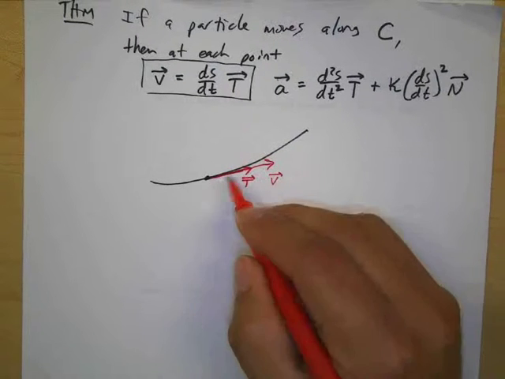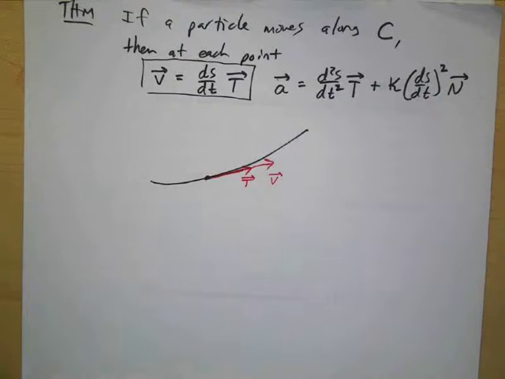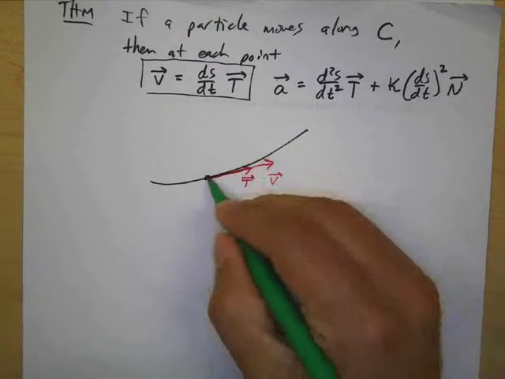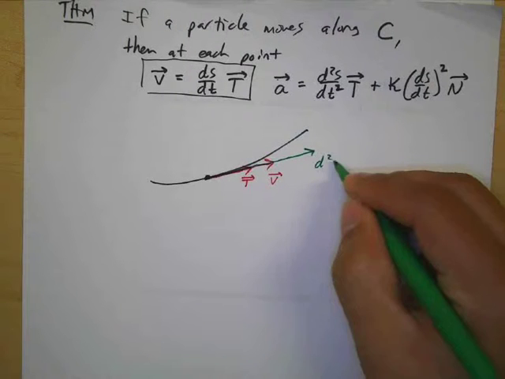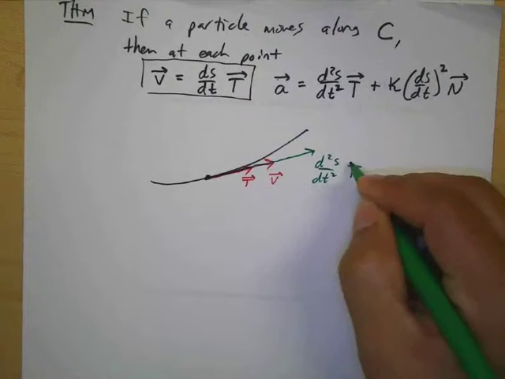And then part of the acceleration, so I'll do those in green, we'll have a tangential component in the same direction, and that's what we mean by d squared s dt squared times T.